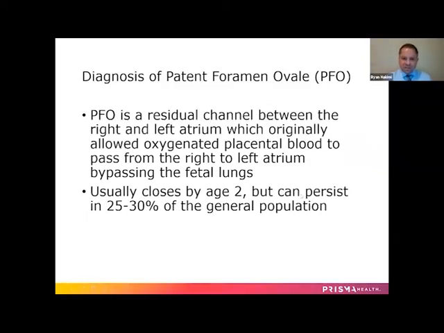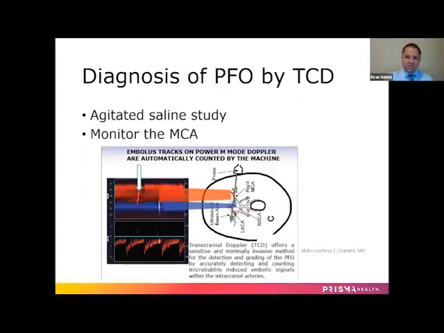So what about other uses of TCD? So PFO. PFO diagnosis by TCD has, again, a higher level of evidence than transesophageal echocardiogram, which we commonly use. So here again, it's a non-invasive test that we can use.